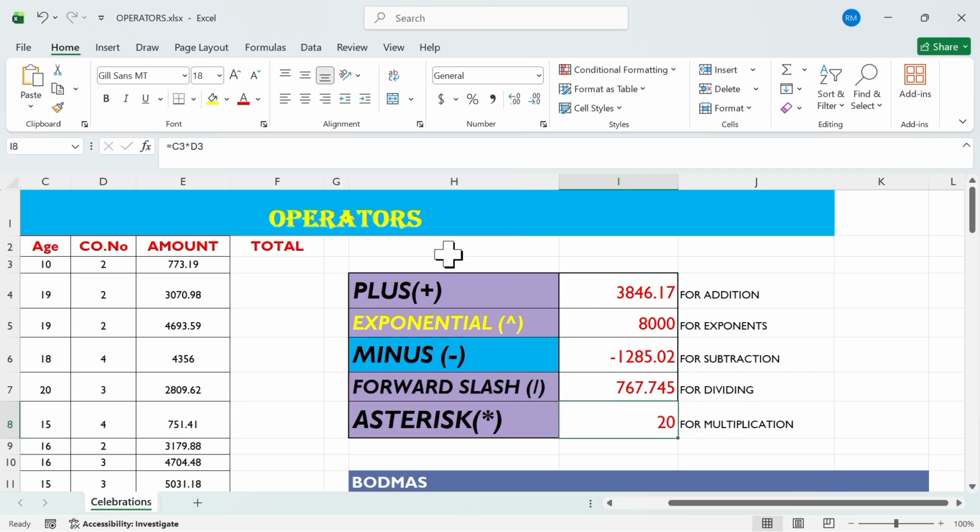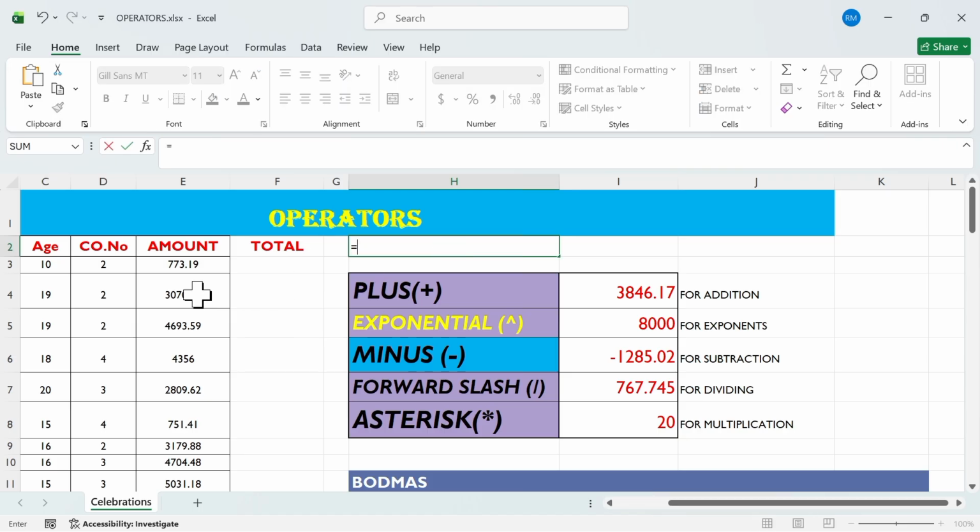Okay, what about in a case where we are involving a lot of things here? Let's say I want to add this cell, plus this cell E3, but E3 is being divided by this cell.